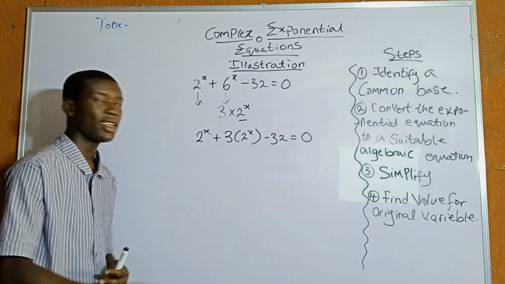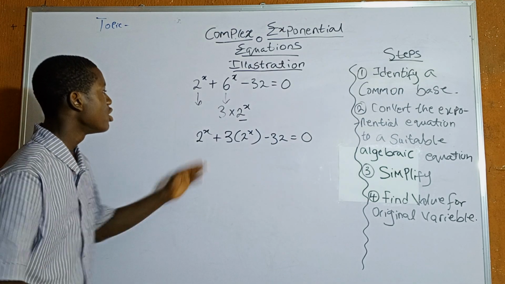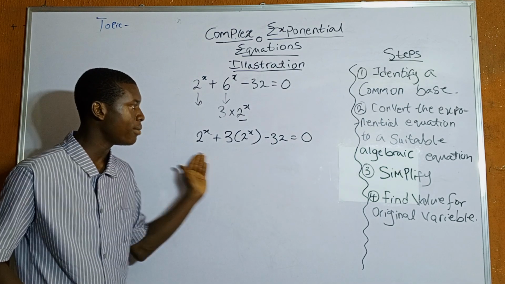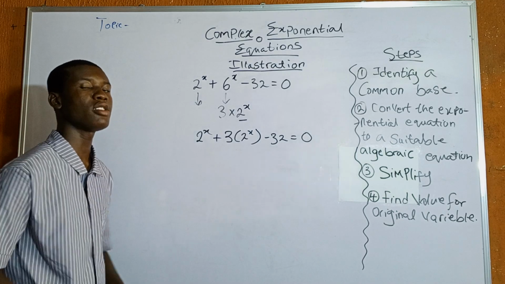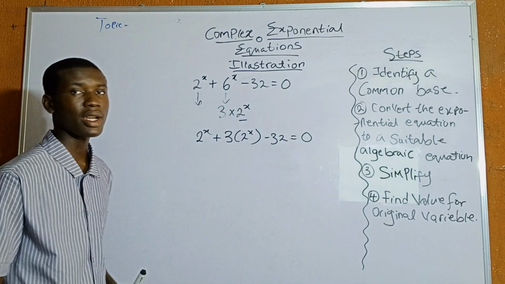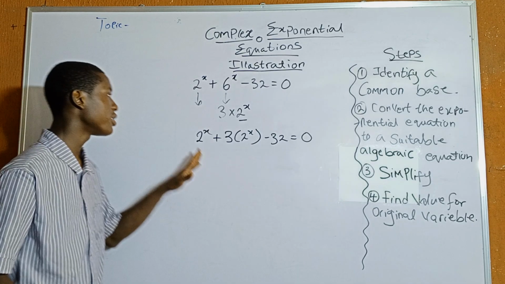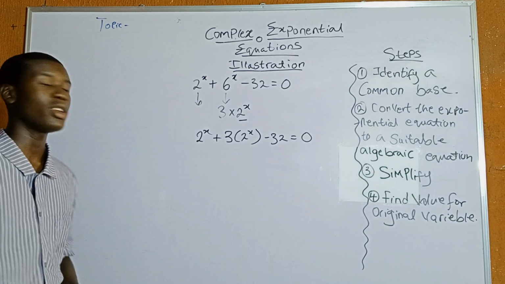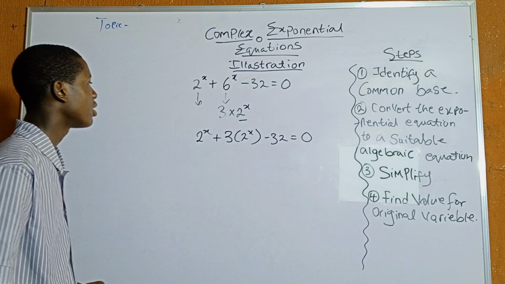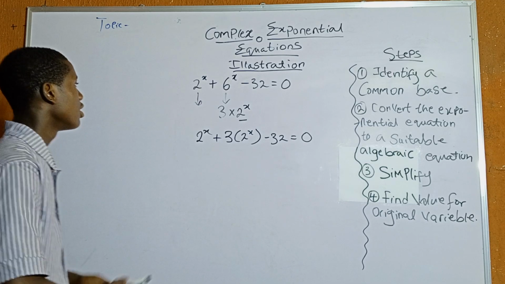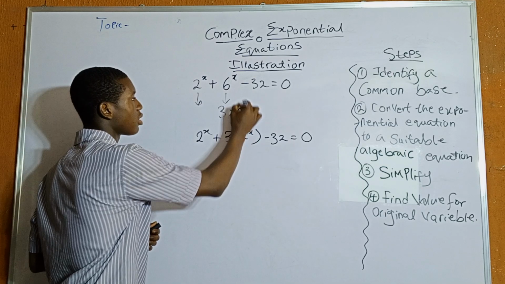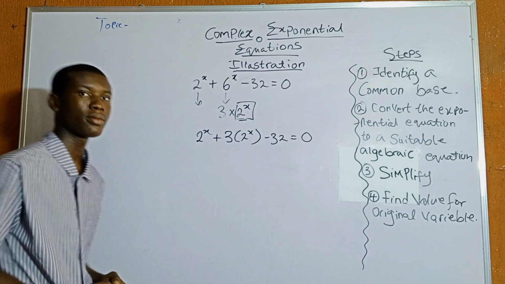But in other cases, it depends. Your question from an exponential equation can move into a simple equation, a quadratic or a polynomial equation. But like I said, in this case, it's going to move into a simple algebraic equation.